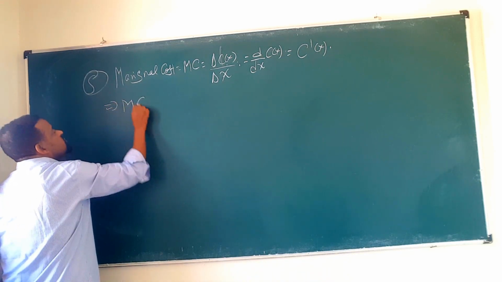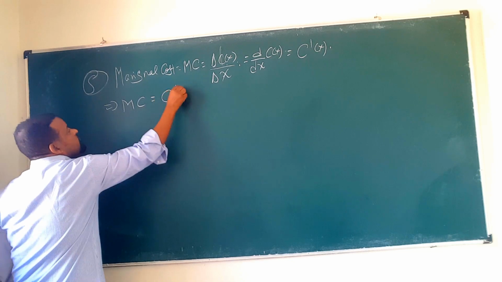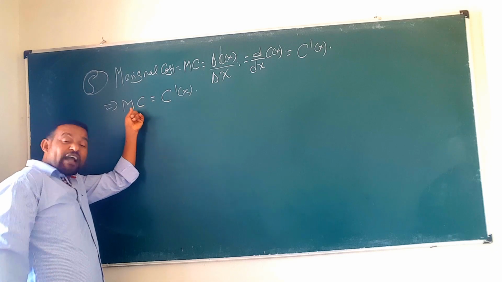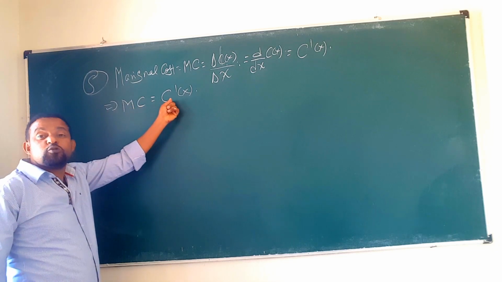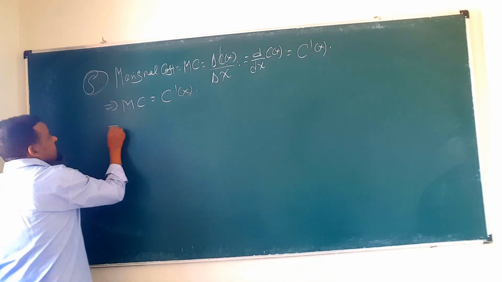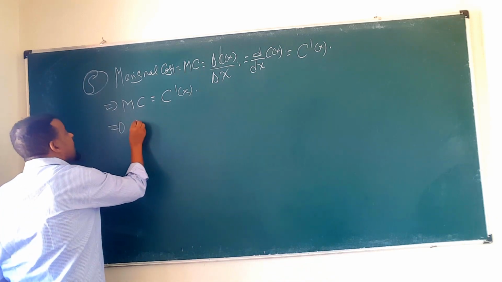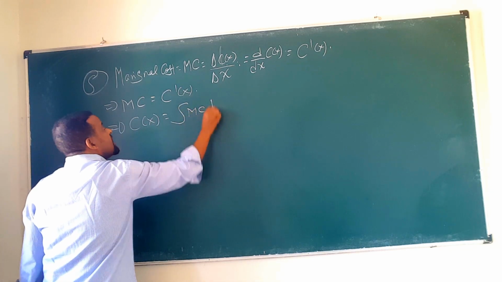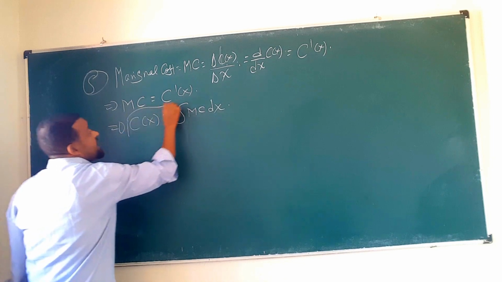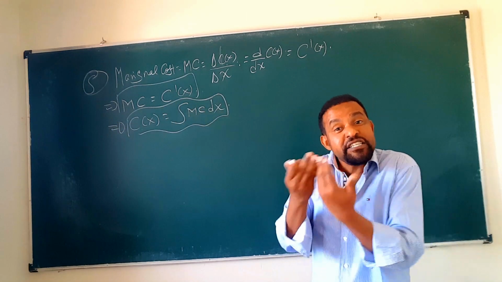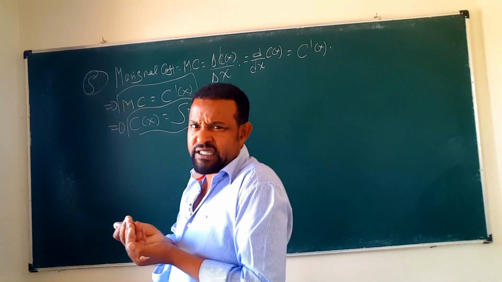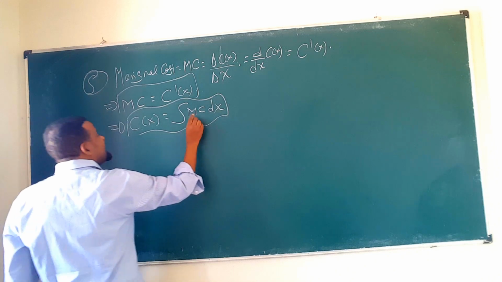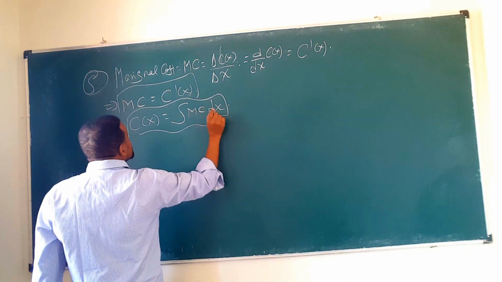So marginal cost is given by the derivative of the total cost. If you have been given the total cost and asked to find the marginal cost, you just need to differentiate. Conversely, if the marginal cost is given as a function of x and the total cost is asked, then you just need to integrate that marginal cost with respect to x.